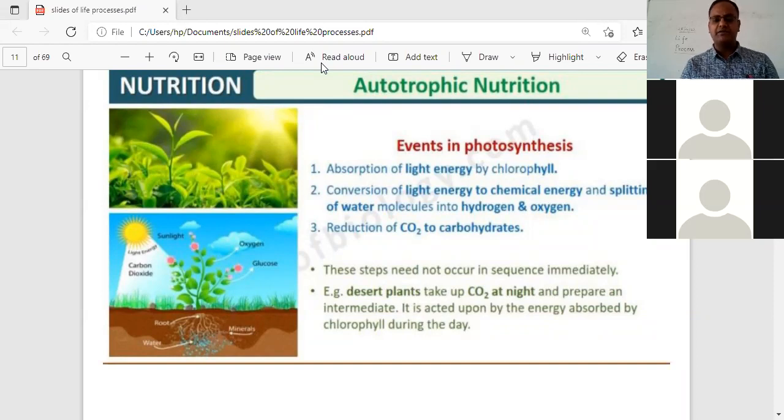What is the source of this carbon dioxide which is used as a raw material during the process of photosynthesis? Human beings. Source of the carbon dioxide, that is the atmosphere. Yes, you are saying human being. I have understood why you are saying human being, because we give out CO2 and that CO2 is added in the atmosphere. So we will be directly telling the source, that is the atmosphere.